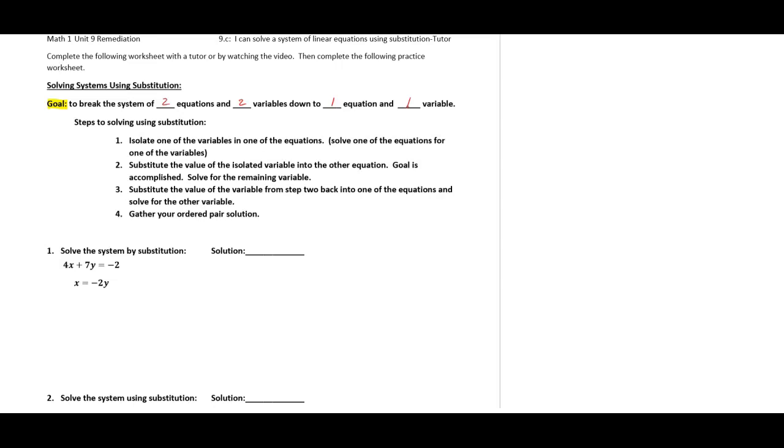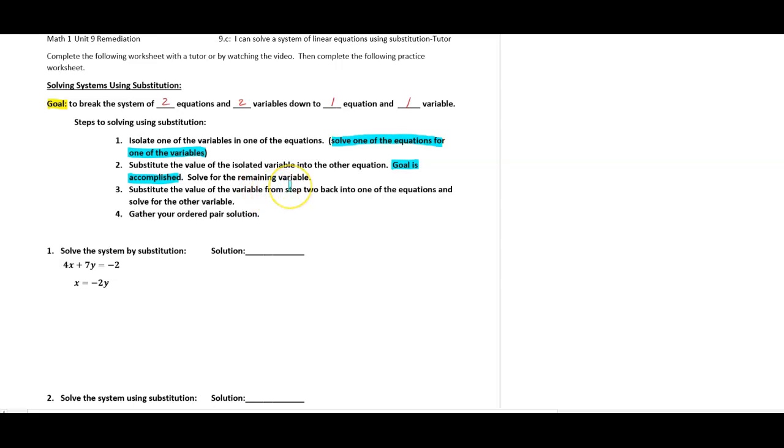So the steps to solving. The first thing you're going to do is isolate one of the variables in one of the equations. Right here, you want to work smarter, not harder. So you want to solve one of the equations for one of the variables. Then you're going to substitute the value of the isolated variable into the other equation. This is where our goal is accomplished, right?